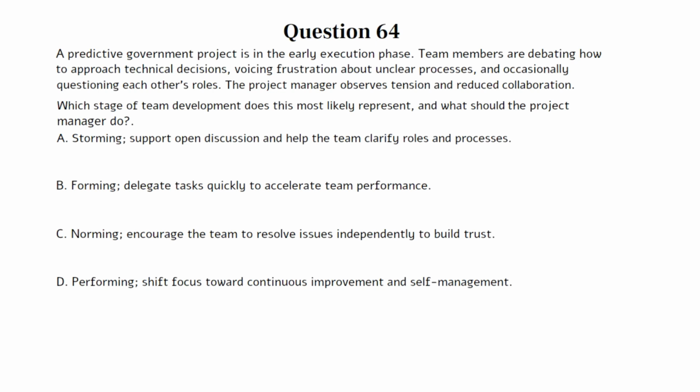Support open discussion and help the team clarify roles and processes. B. Forming. Delegate tasks quickly to accelerate team performance. C. Norming. Encourage the team to resolve issues independently to build trust. D. Performing. Shift focus toward continuous improvement and self-management. You can pause the video here if you need more time to work on the question.